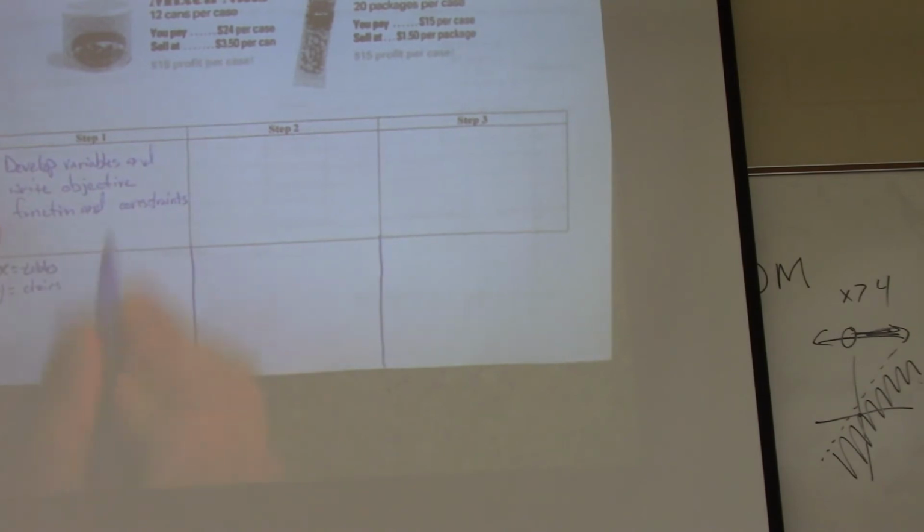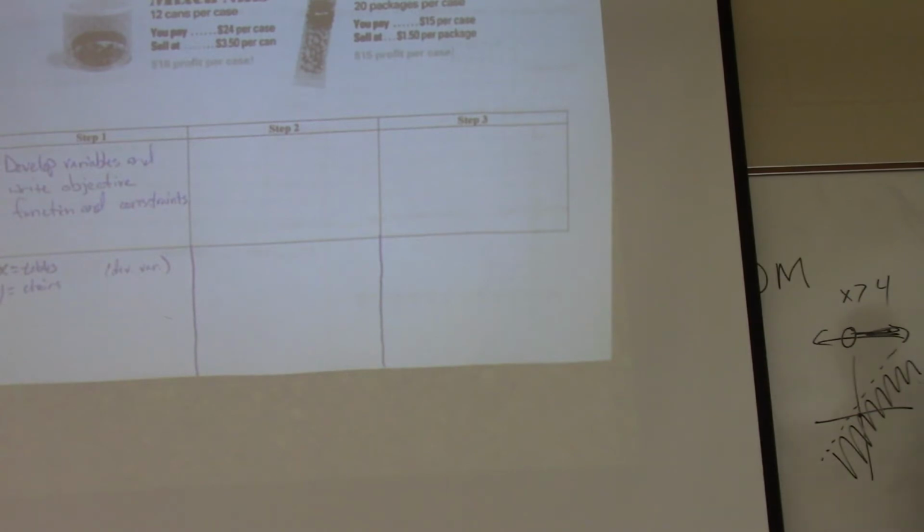So this is my first step right here: I develop the variables. Now I have to write my objective function, and again, my objective function is based on profit. For every table I sell, I make $18 profit. For every chair I sell, I make $15 profit.